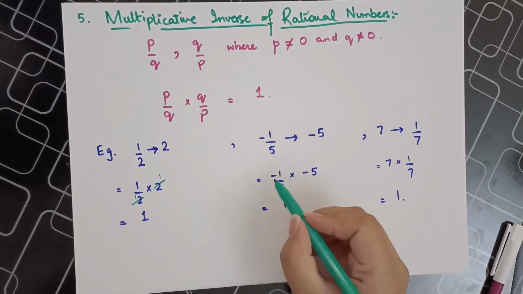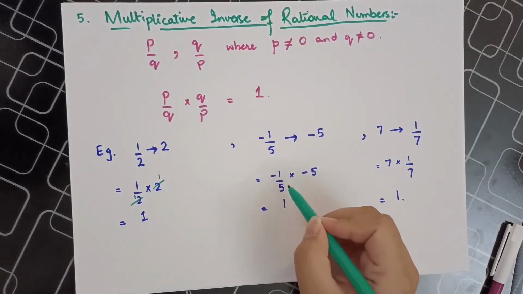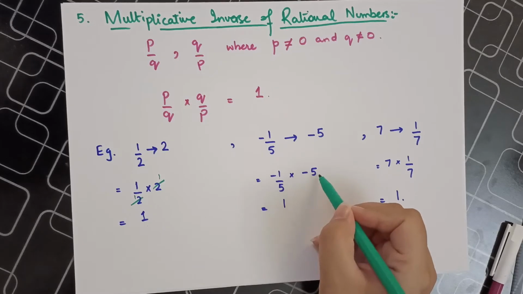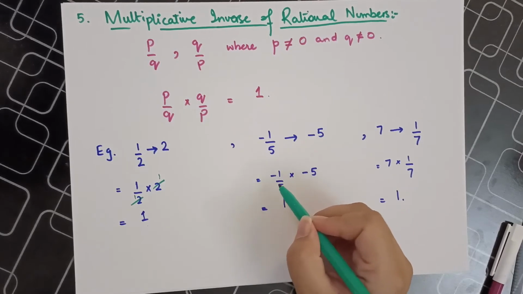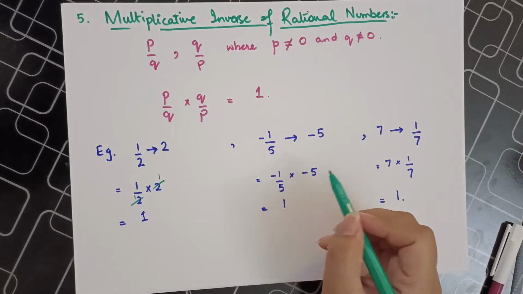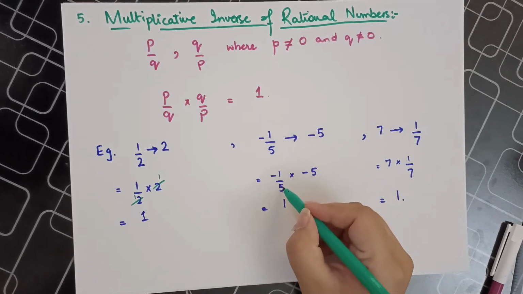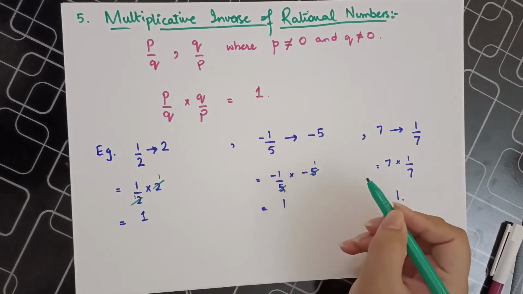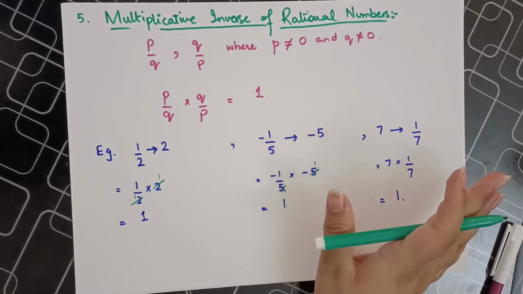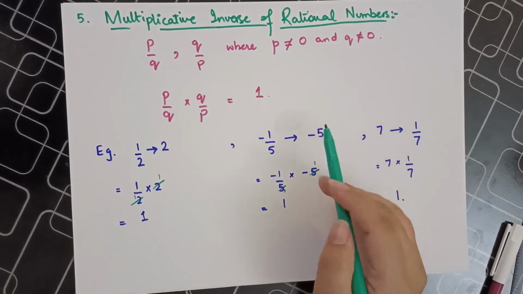When you multiply these two numbers together, minus 1 upon 5 multiplied by minus 5, the minus minus becomes positive, and the 5 and 5 cancel out each other, resulting in 1.